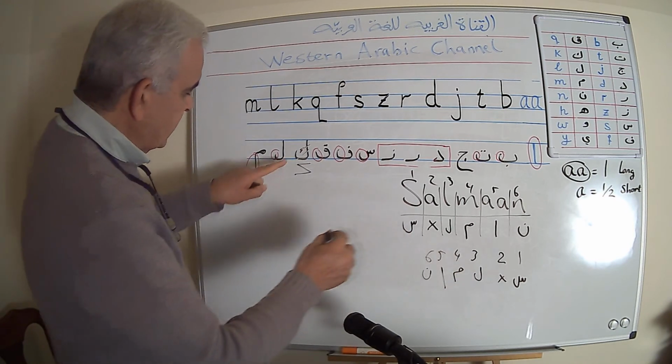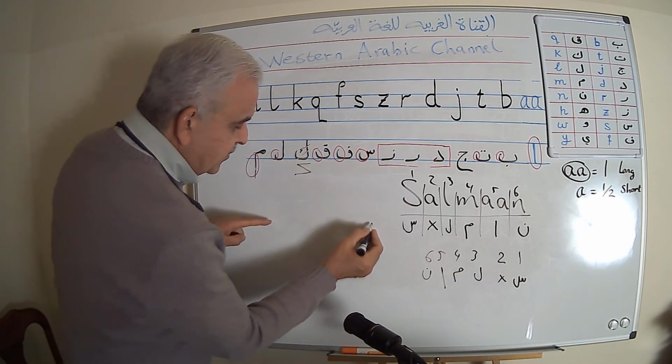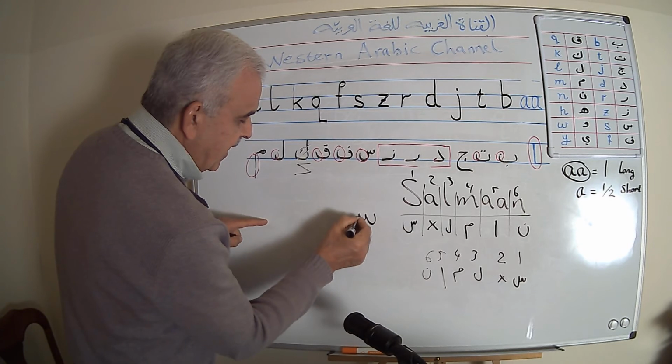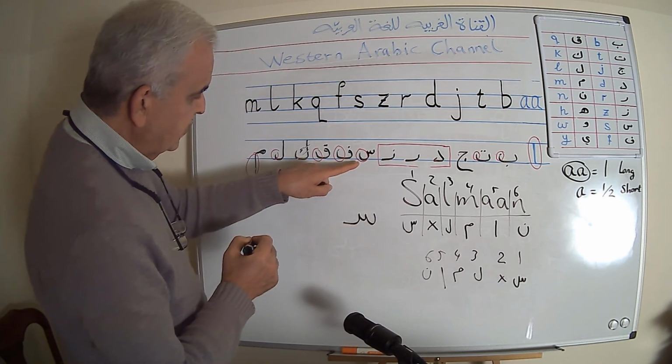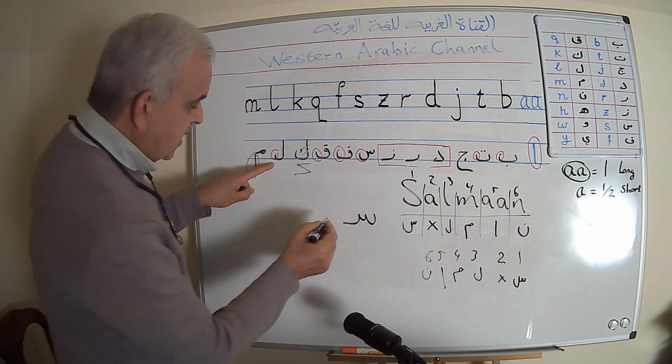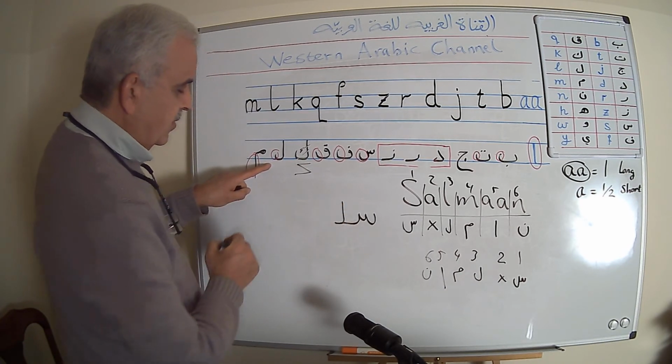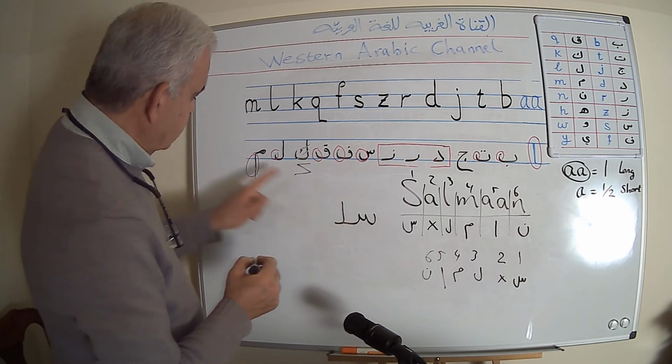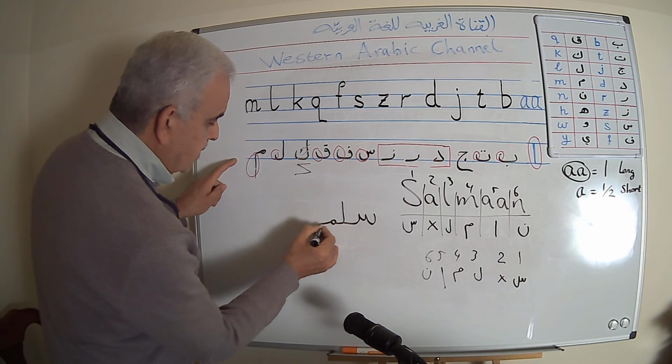The S takes its tail off, it becomes Sa, like this, no tail. Lam, just cut its tail. Okay. The Mim, just cut its tail.